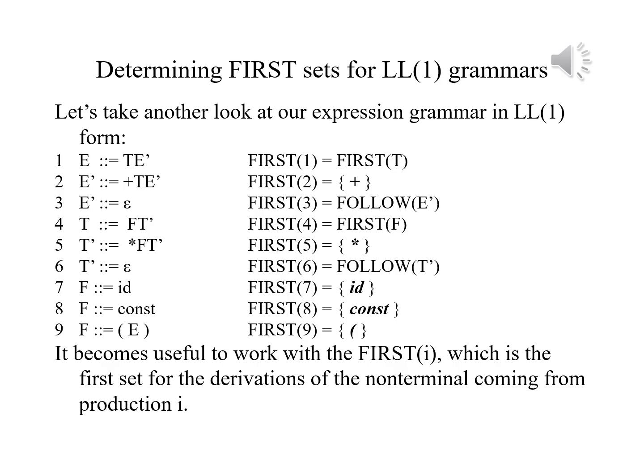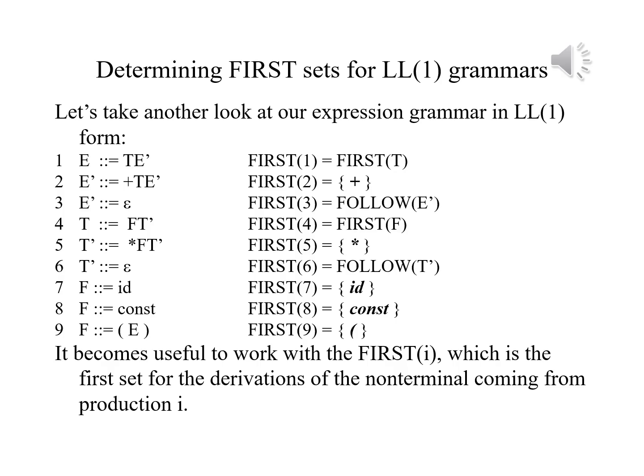Since the first thing that we see on the right-hand side is a non-terminal, first of production 1 will equal the first of T. Production 2, E prime derives plus T E prime. The first symbol here is a terminal, so first of production 2 will be simply the terminal plus.